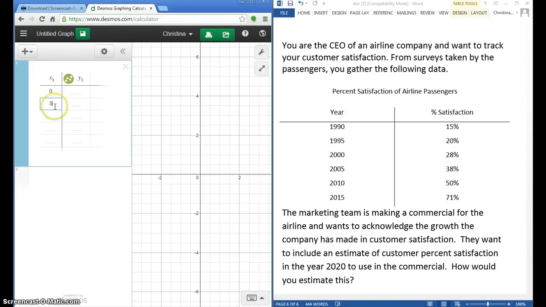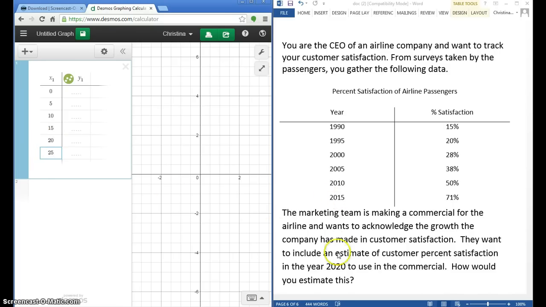So I have a 5 for x. That means in 2000, 10 years have gone by. So I'm putting 10 here. In 2005, 15 years have gone by since 1990. And then 2010, I have 20 years, and then add one more box down here for 25 years.